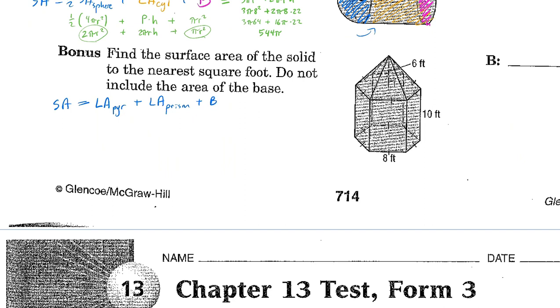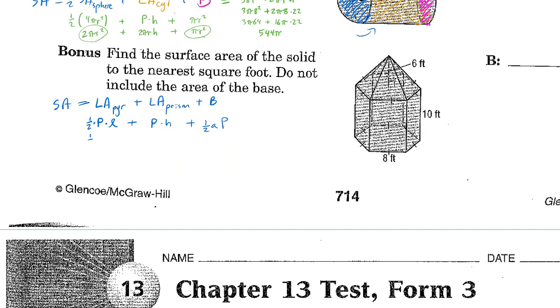We're going to have to figure out that base, but let's do it here. The lateral area is 1/2 the perimeter of the base times the slant height, plus the lateral area of a prism, which is perimeter times height, plus the base, which we're just going to have to figure out, but it's 1/2 apothem times perimeter because it's a regular hexagon.